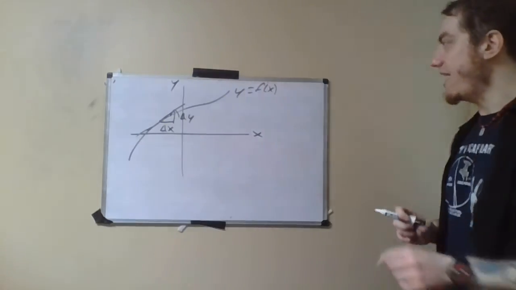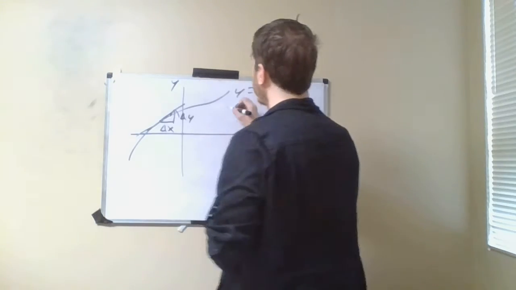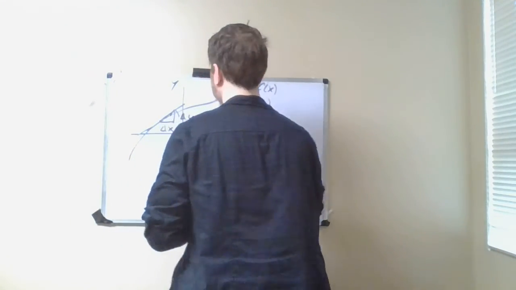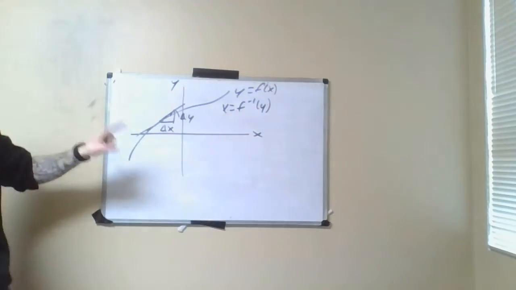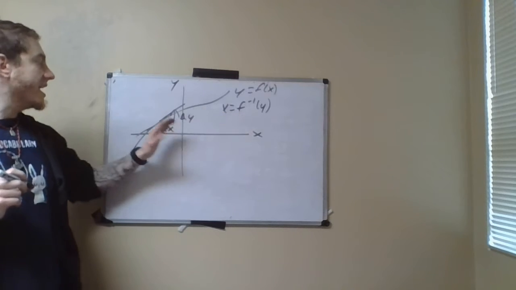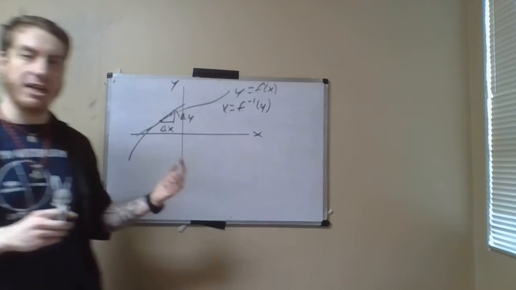However, if I look at the inverse function, I can also think of this as x is equal to f inverse of y. If I look at the derivative of this with respect to y, it should end up giving me exactly the same tangent line geometrically.